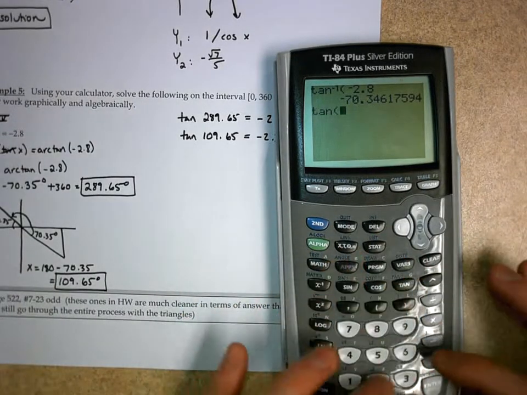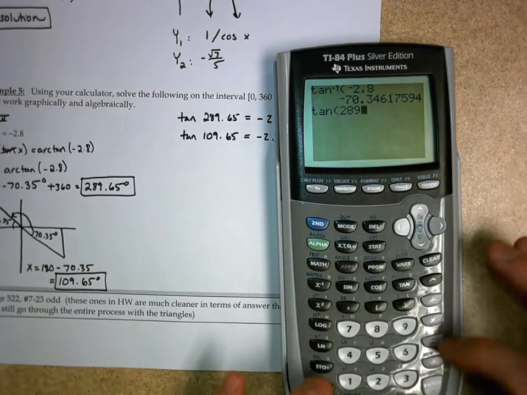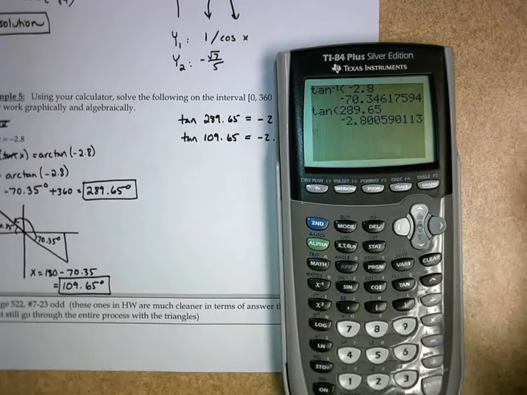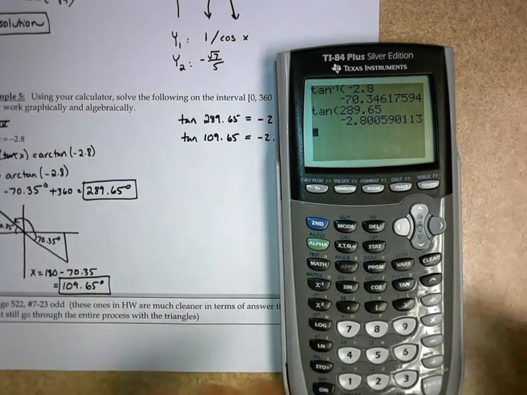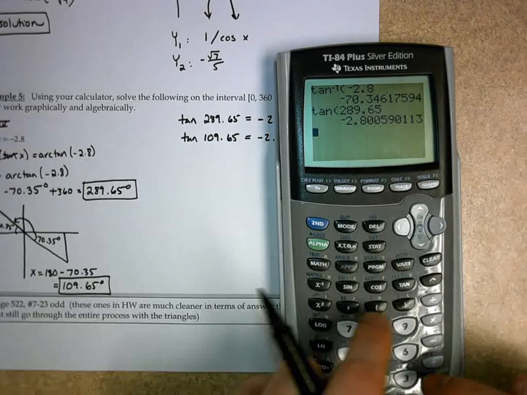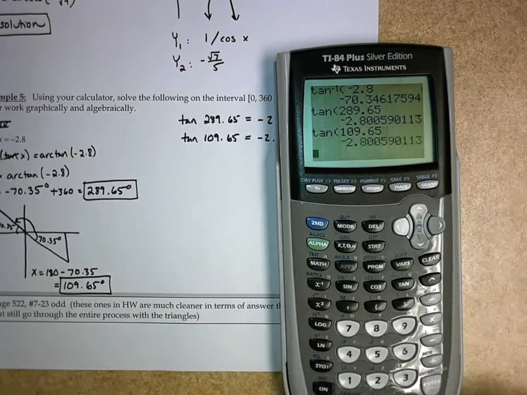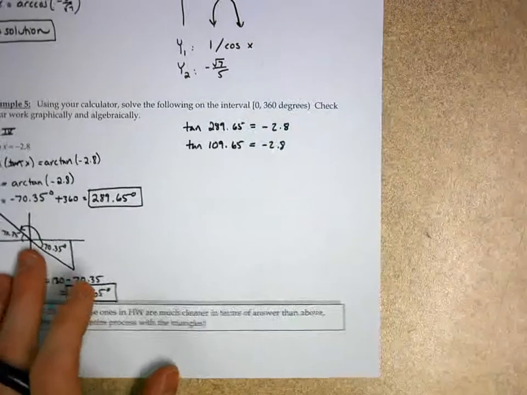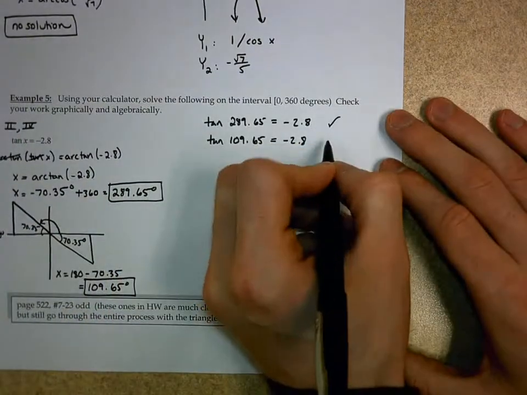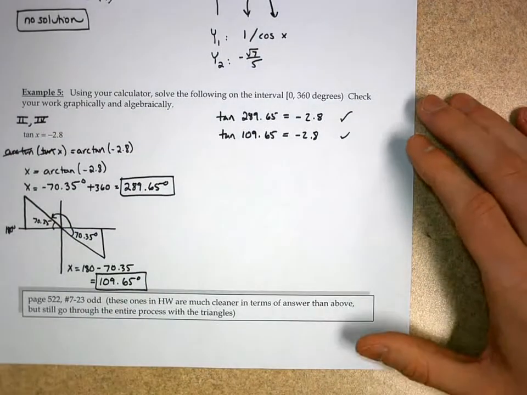So we'll do tangent of 289.65. And there's negative 2.800. Once again, that's slightly off because we rounded. And tangent of 109.65, sure enough, negative 2.8. So both of those are good.